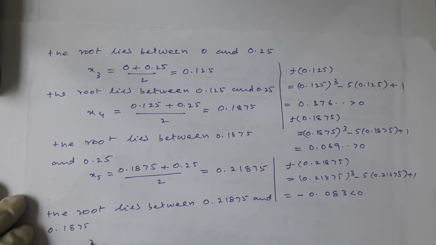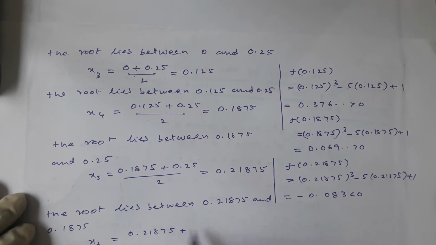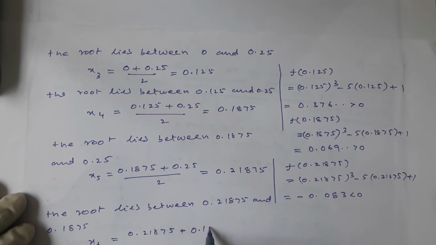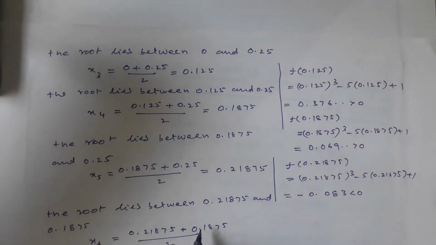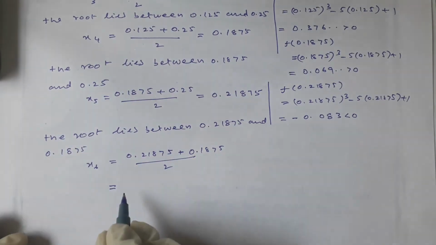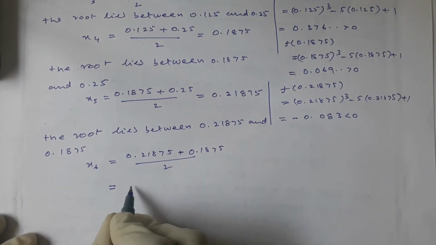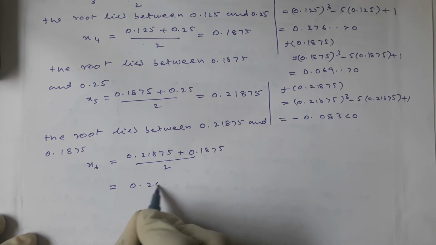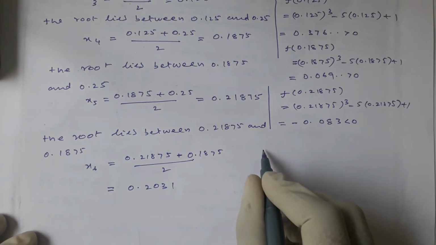So x6 is equal to 0.21875 plus 0.1875 divided by 2, which is equal to 0.2031.